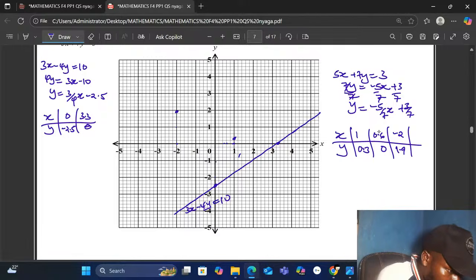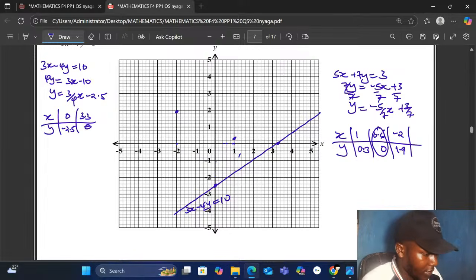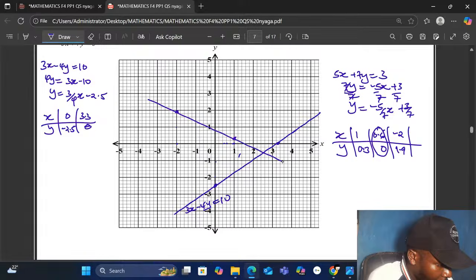I think we can ignore 0.6 and 0, so that we can still use the 2 points to have our straight line. So we join the two.